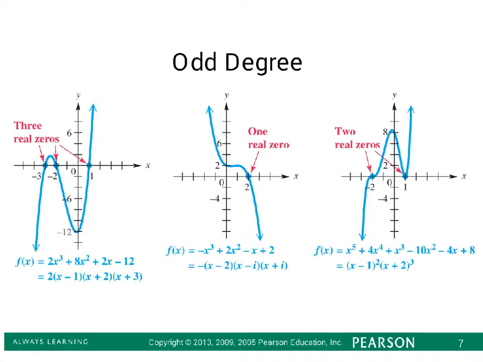So here are some examples of odd degree functions, and the reason they always have at least 1 real zero is because of their end behavior, which we're going to be looking further into also, is something called end behavior. Odd degree functions either begin in negative infinity and go to positive infinity, meaning that it's going to have to go through the x-axis at one point.